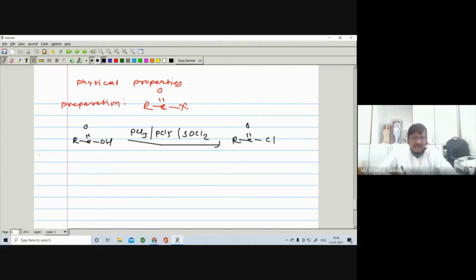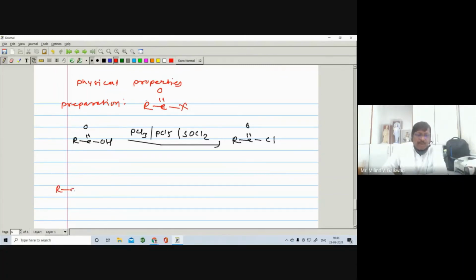For example, R may be methyl, ethyl, or benzene. You can write any one of the reagents. Then this acid halide, when it undergoes hydrolysis, will convert into the corresponding acid.